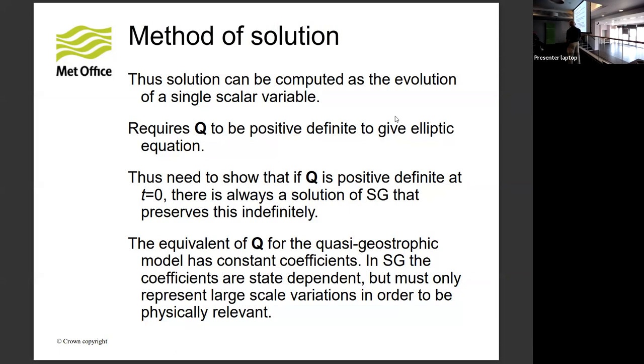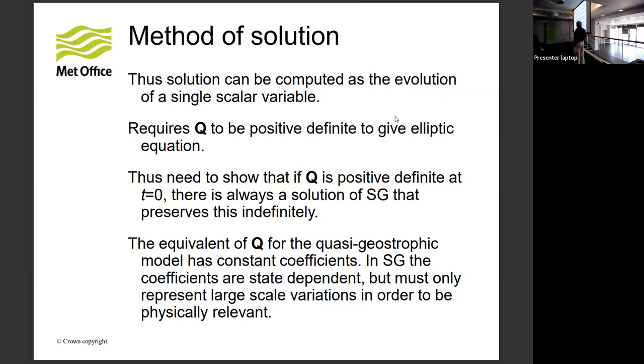So that allows you to complete solutions up to a single scalar variable. But this has to be positive definite to allow you to solve it at all. So the first thing the mathematician has to do is show that if you choose initial data to be positive definite, you would always be able to solve the system indefinitely. In principle, it's quite possible for that to break down, then you couldn't solve the system at all, you couldn't get a long-time existence result, and you couldn't really say this is a proper limit.